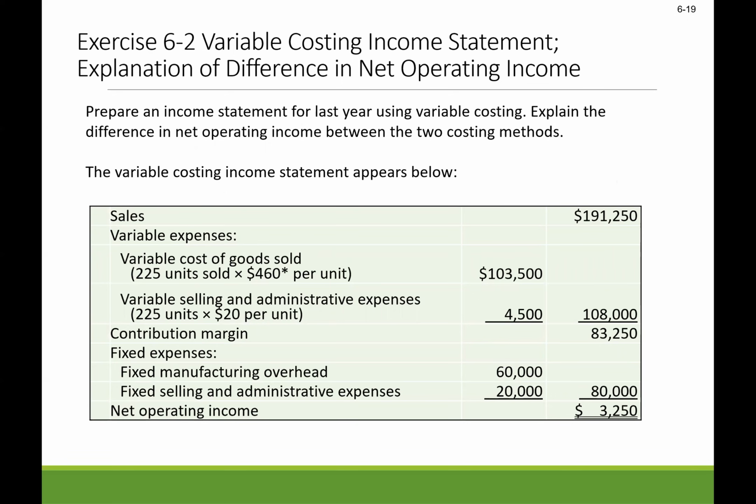Under variable costing, we show our sales. We show our variable cost of goods sold. We show our variable selling and admin. Then we show our fixed manufacturing and fixed selling to get our net operating income.